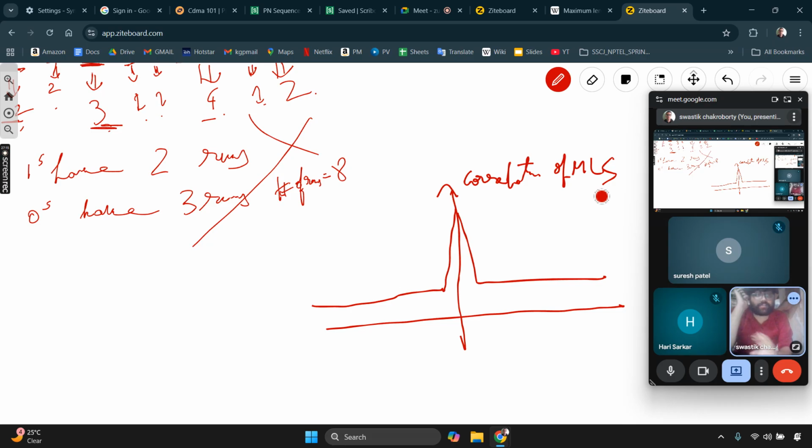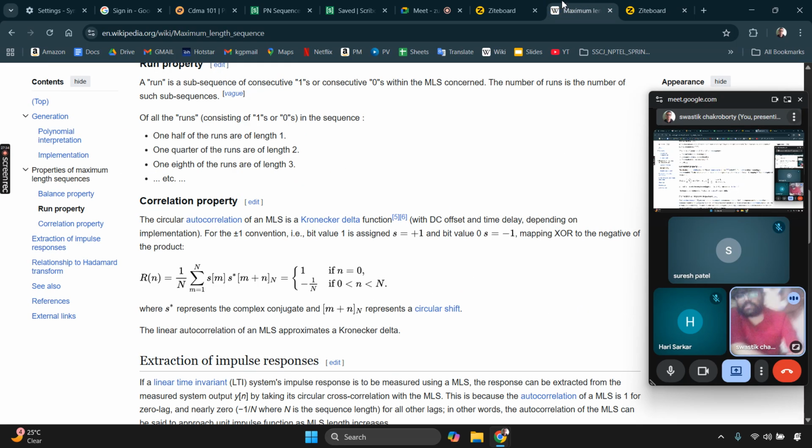The received and the transmitted, if they are desynchronized by 1 bit, the correlation will be 0. They will be absolutely uncorrelated. But if two things have the same information, they cannot be uncorrelated, right? So that is the disadvantage of maximal length sequences.